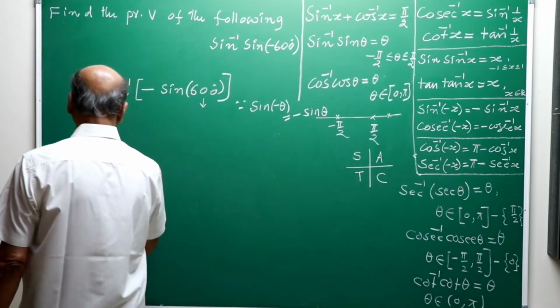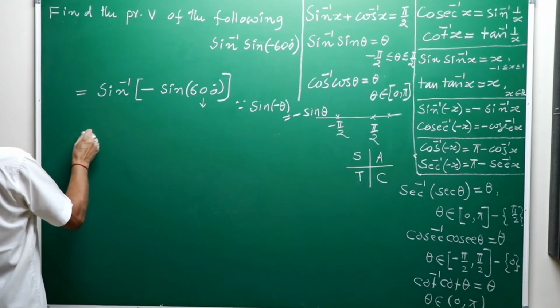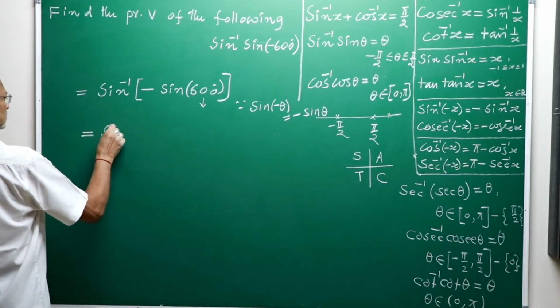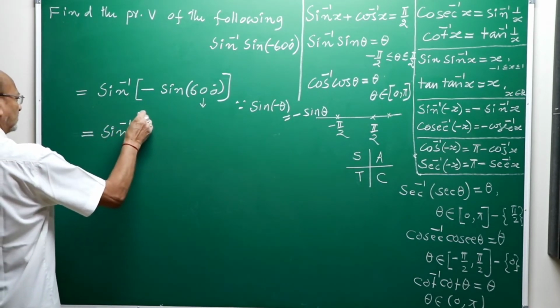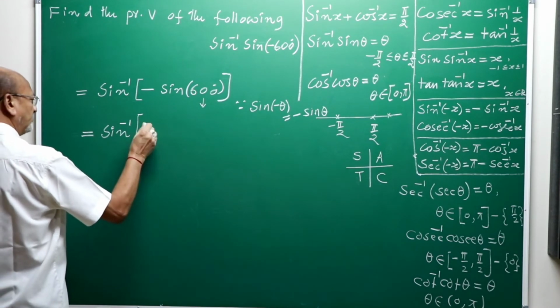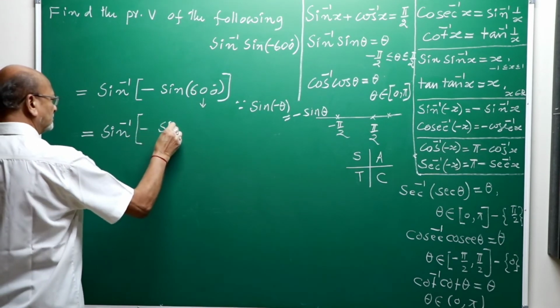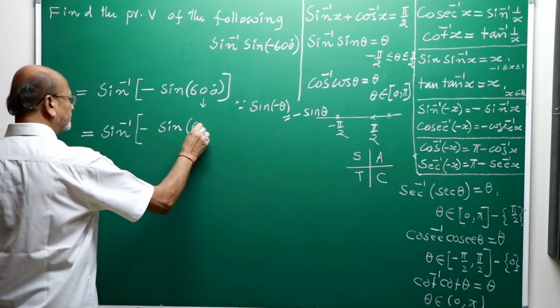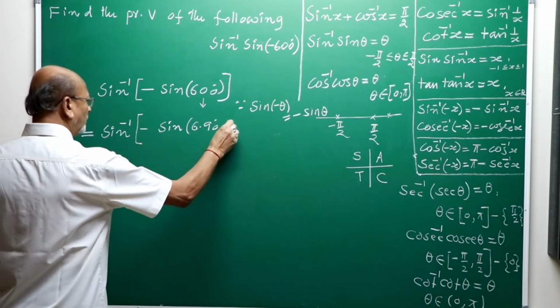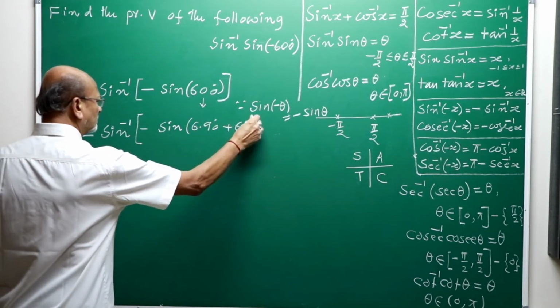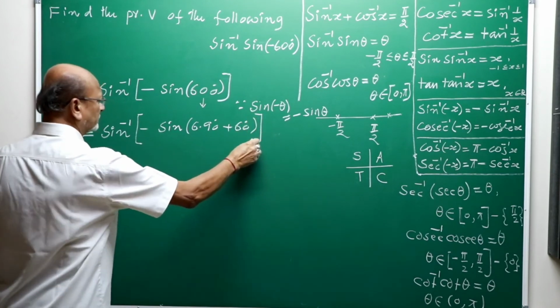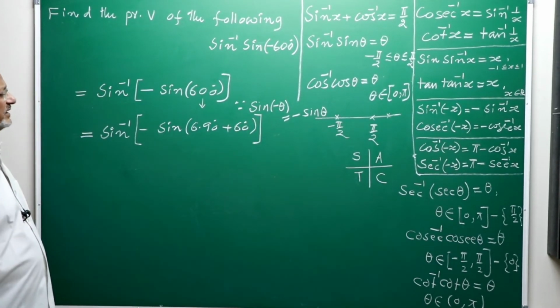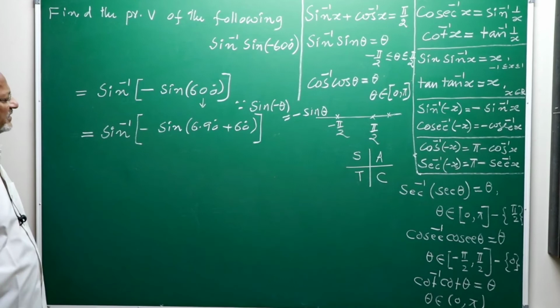Yes, friend. It is sine inverse, minus I keep here. What is it? It is sine of 6 into 90 plus 60 degrees. 6 into 90 plus 60 will be 600.